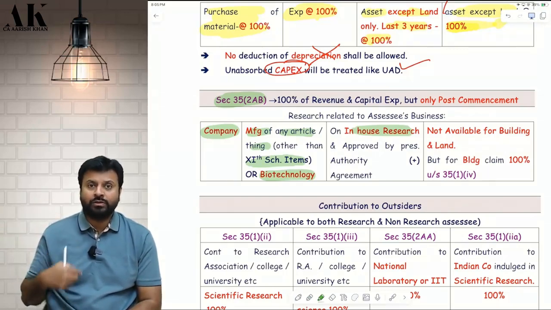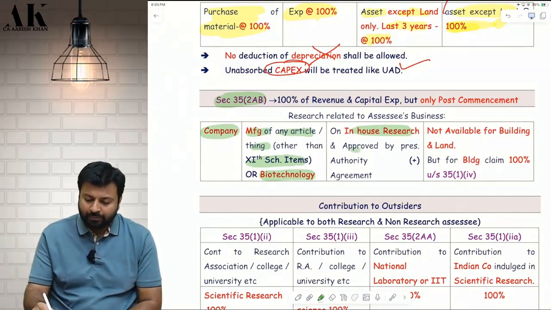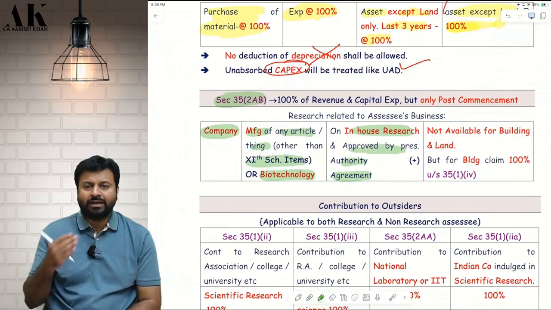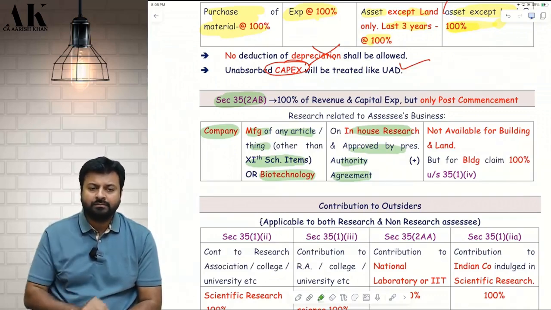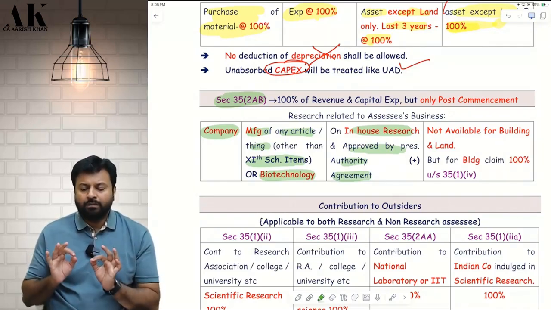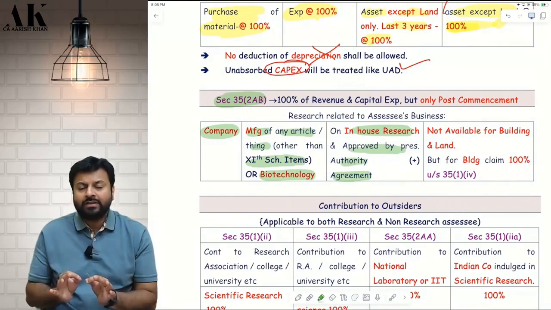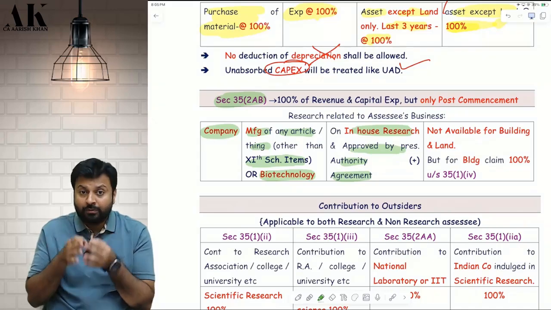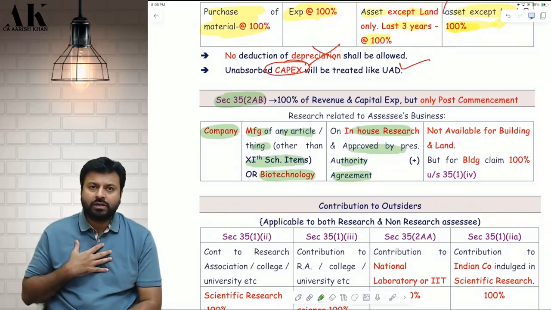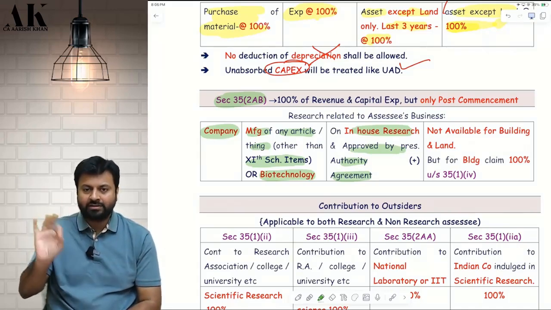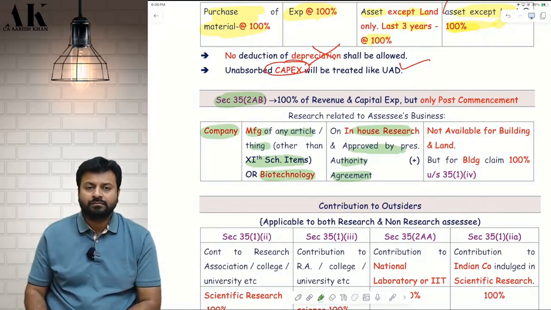It should be approved by a prescribed authority and there has to be an agreement with the central government. So your research should be approved by the government. You should yourself do the research and the government should sign an agreement that yes, your research is approved.